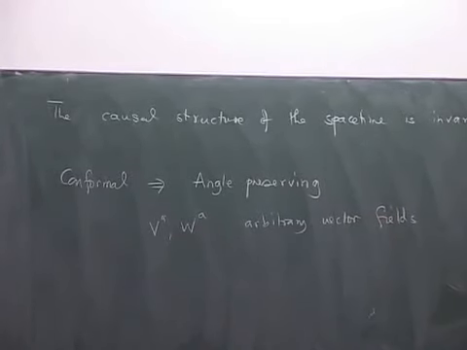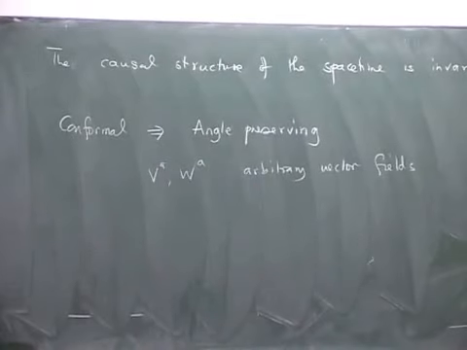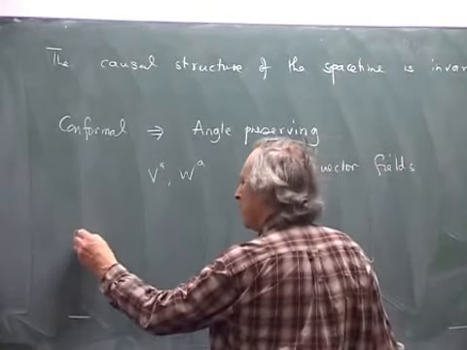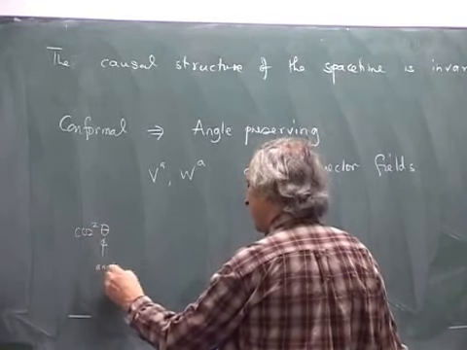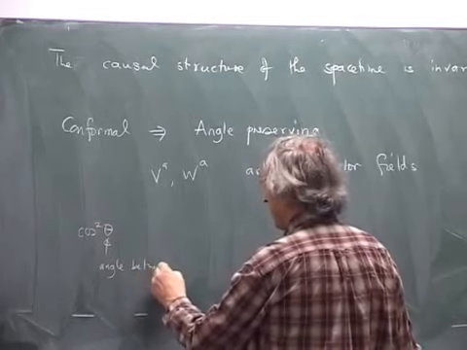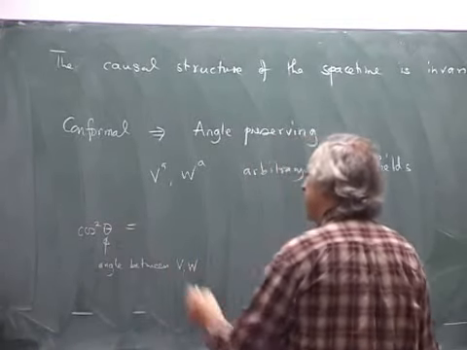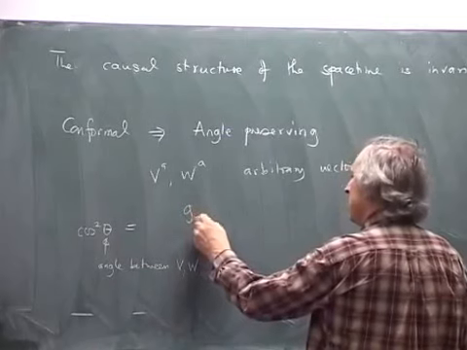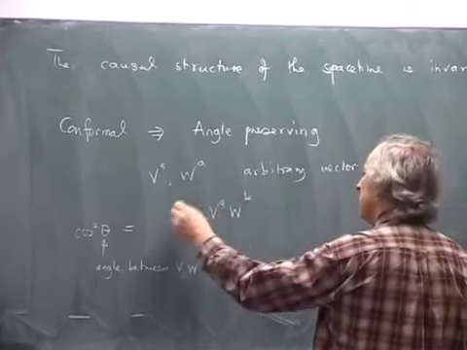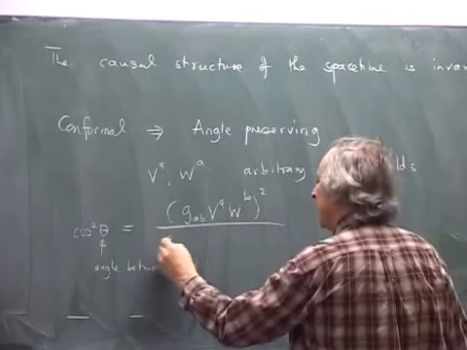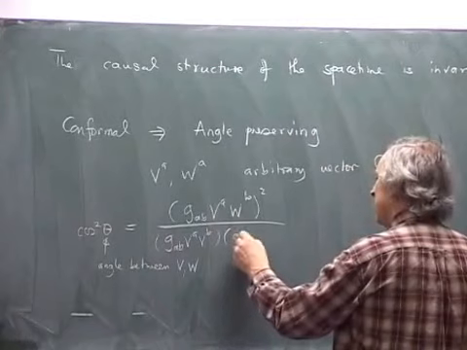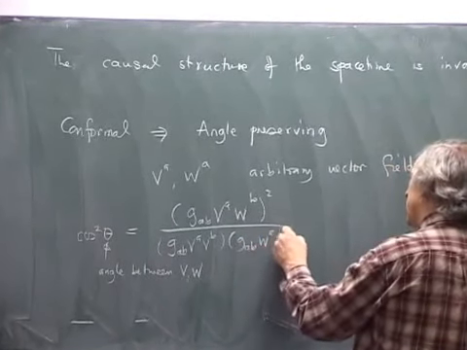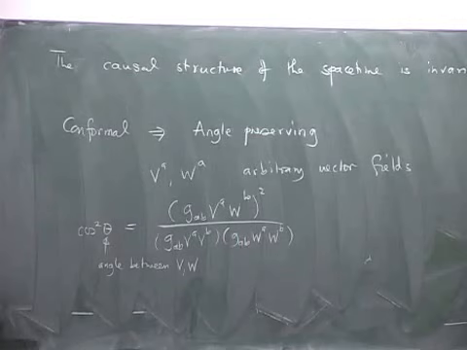Then the angle between v and w, in some generalized sense, can be thought of in the following way. Cos squared theta, so this is the angle between them, is going to be equal to (g_AB v^A w^B) squared divided by (g_AB v^A v^B)(g_AB w^A w^B), by imitating what you have for Euclidean geometry.